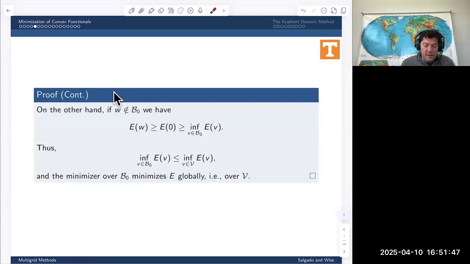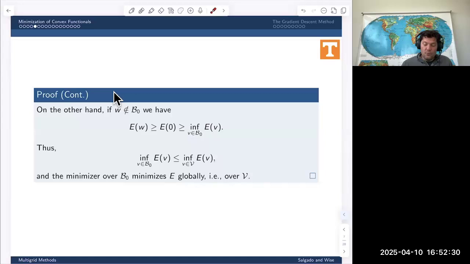So if W is outside of B0, then what does that say? That says that the energy, this E function, usually called energy, at W is bigger than E of 0, which is bigger than this infimum. So E of W is greater than the infimum taken over B0, for any W outside of B0.